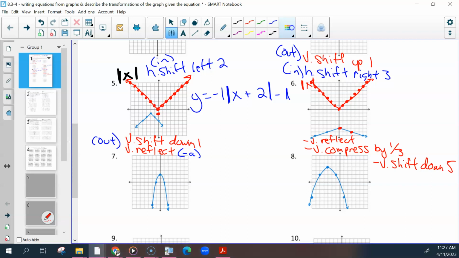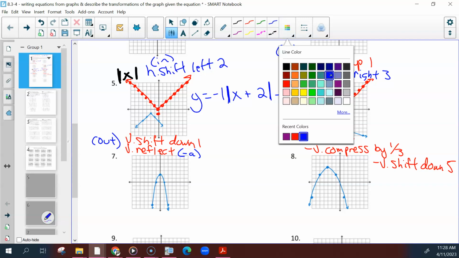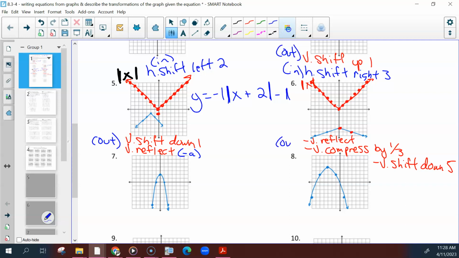So here, all of our transformations are vertical, so everything can go on the outside, nothing on the inside. The reflect has to come first, and then any compressions or stretches. So how would we start this?